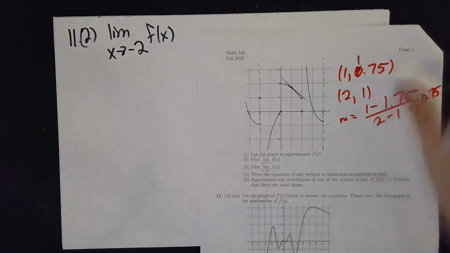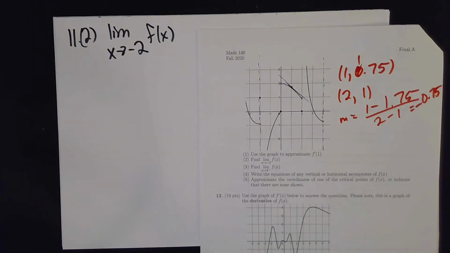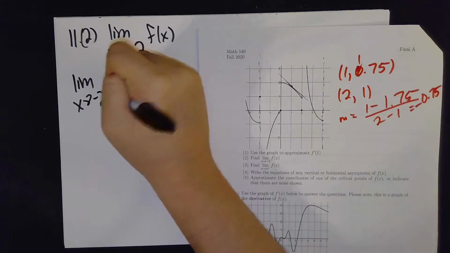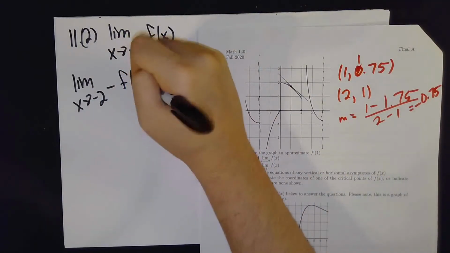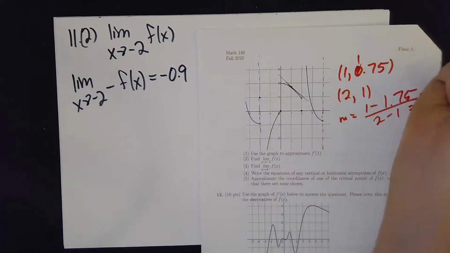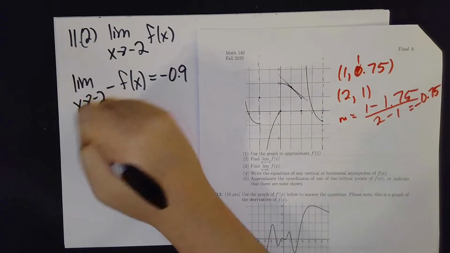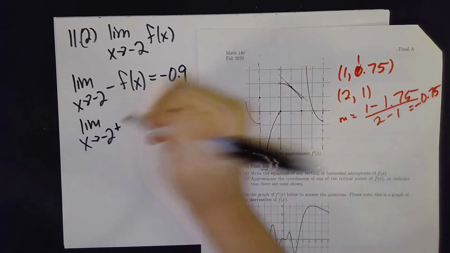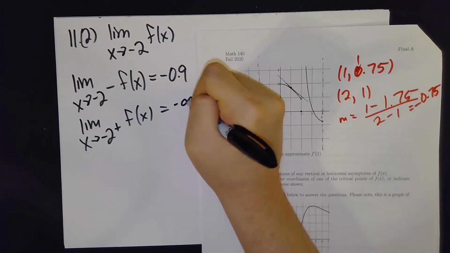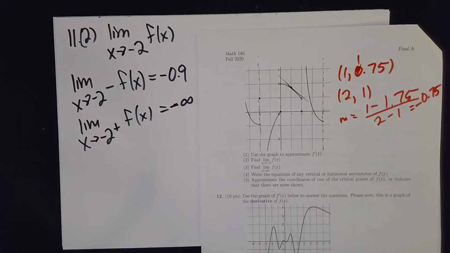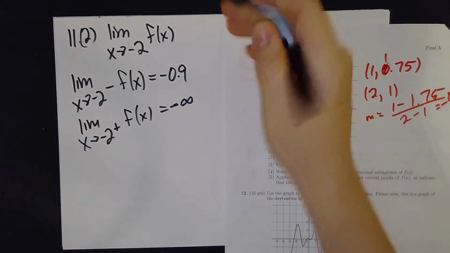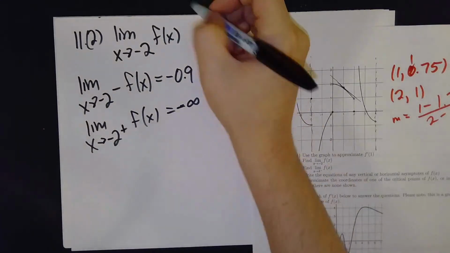I can go ahead and write that down. The limit as x goes to minus 2 from the left of f of x looks like it's something like negative 0.9. The limit as x goes to minus 2 from the right of f of x looks like it's going to be minus infinity. But these two things are different, and so that means the original limit doesn't exist.